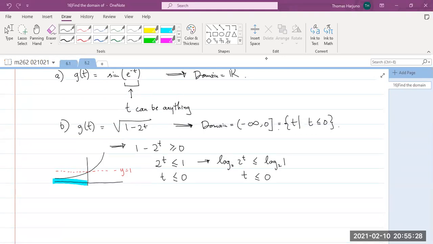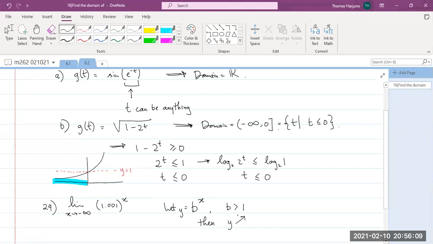What else? Number 24, limit as x goes to negative infinity of 1.001 to the x. Some background: if the base b is greater than 1, then the function is increasing to infinity.